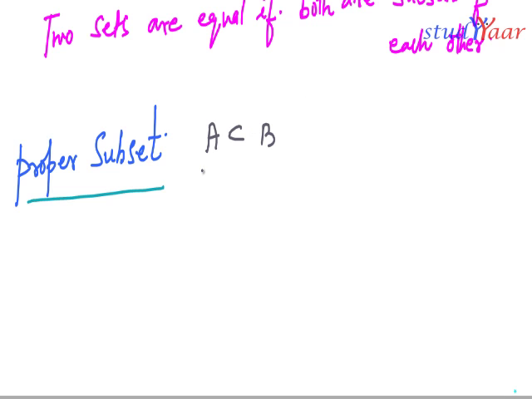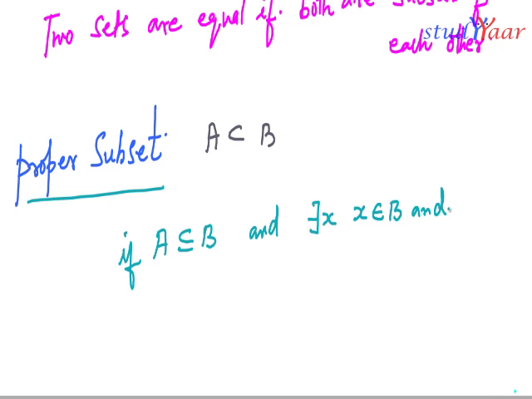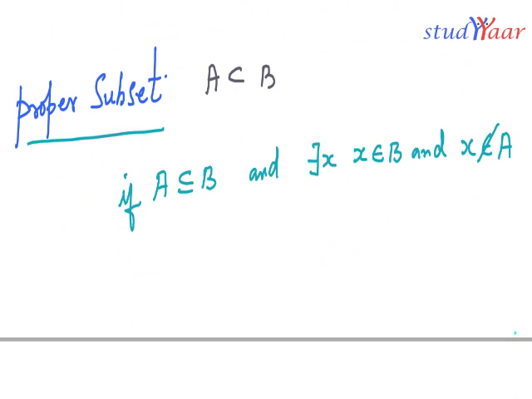We say A is a proper subset of B if A is a subset of B, and there exists an X such that X belongs to B and X does not belong to A. So this is the meaning of proper subset.